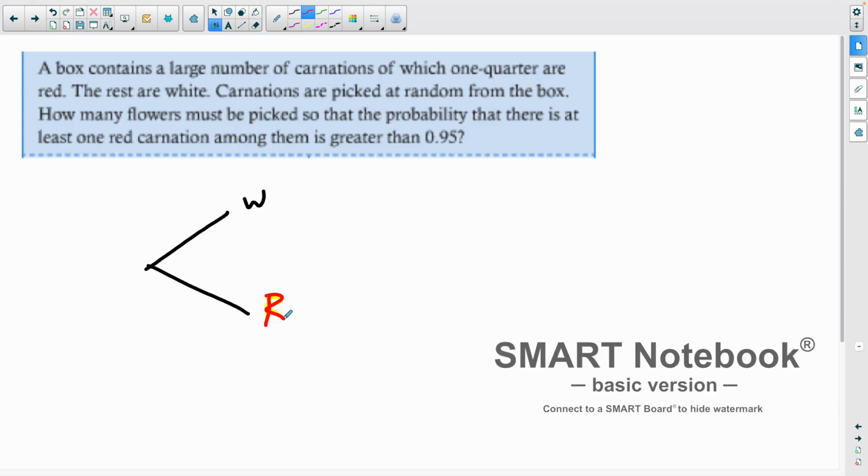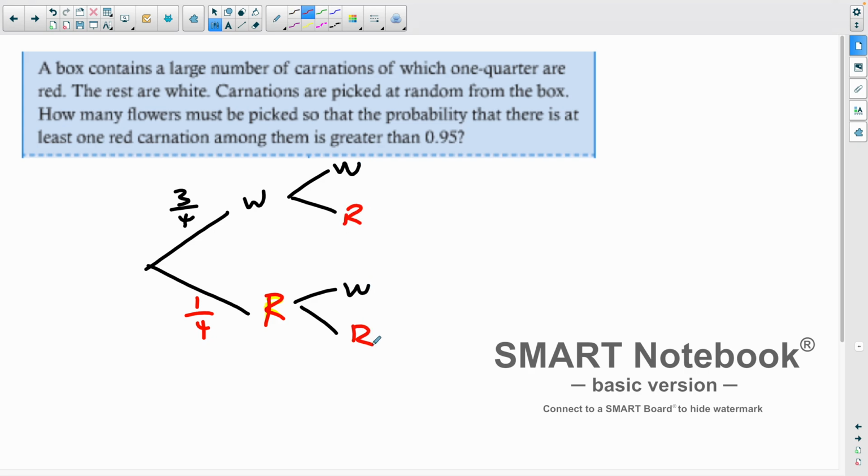So if I pull one out, what's the probability that I get a white, and what's the probability that I get a red? 3/4 and 1/4. That's correct. So I have that there. Now, the next one, if I went again, I could pull another white, or I could pull a red.